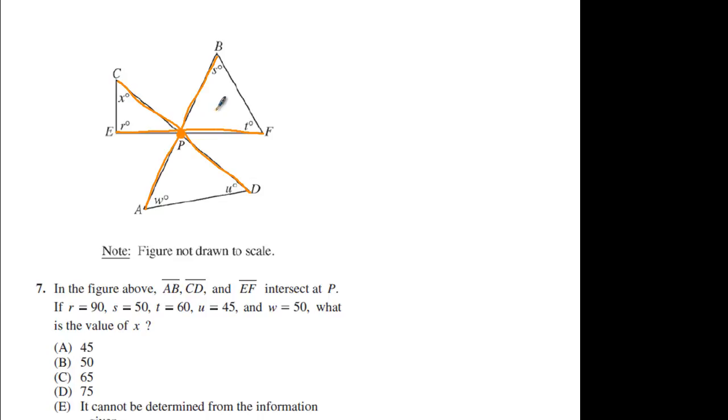If the measure of R is 90 degrees, this is R, this is 90. So this angle is 90. And S is 50. This is S, and this is 50. T is 60. This angle is 60 degrees.